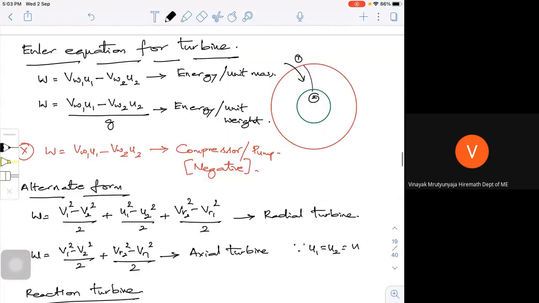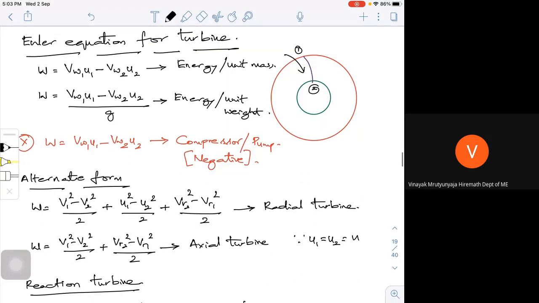See what will happen in case of a turbine. It is VW1 into U1 minus VW2 into U2. So whatever I wrote for a compressor or a pump, I am writing for a turbine. If it is for a radial turbine, let's take it: V1 square minus V2 square by 2 plus U1 square minus U2 square by 2 plus VR2 square minus VR1 square by 2. Radial turbine.